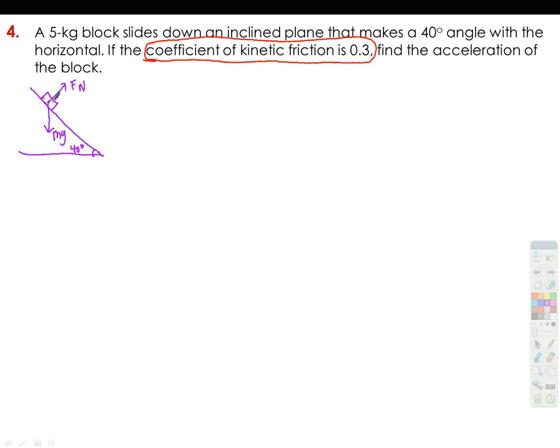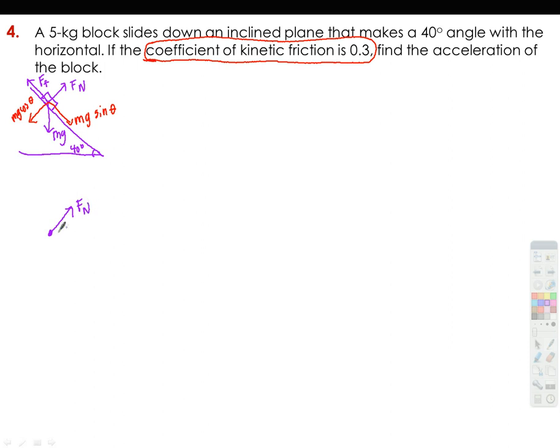The friction should be going in the opposite direction. Hopefully at this point you already know that this one is equivalent to mg cosine theta, and this one is equivalent to mg sine theta. Okay, we're drawing my pseudo-free body diagram.